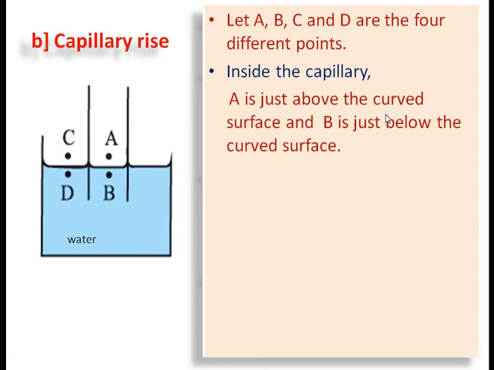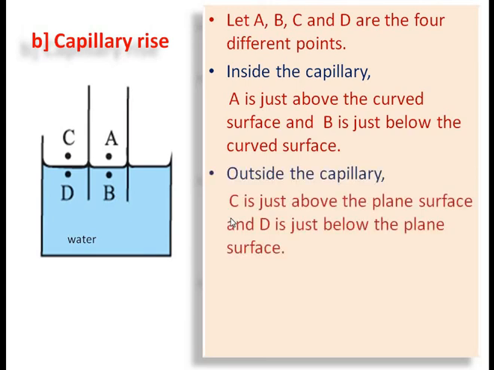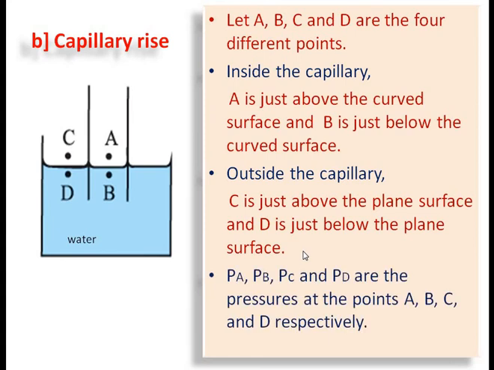A is just above the curved surface and B is below the curved surface, but it is inside the capillary. C is the point just above the plane surface and D is the point just below the plane surface but outside the capillary. The pressures will be PA, PB, PC and PD at the points A, B, C and D respectively.